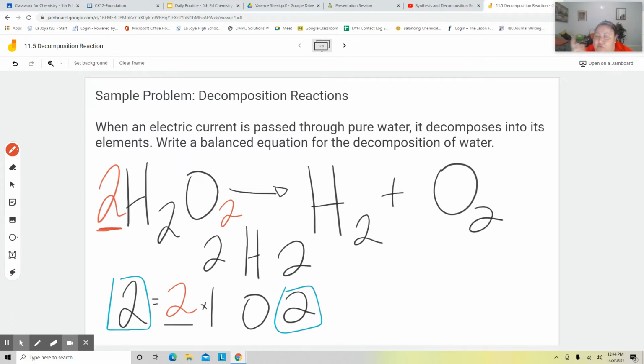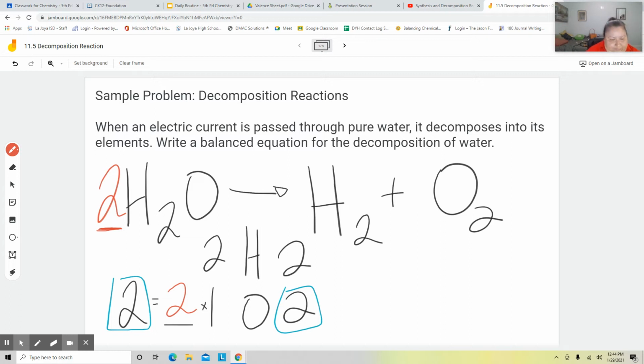Never change the formula when you're trying to balance, okay? Keep that in mind, guys. If you're going to balance, it needs to go in front of the compound, okay? I did that on purpose. I wanted to see if I was going to confuse anybody. And sorry, Mr. Jeremiah, you were my victim this time.